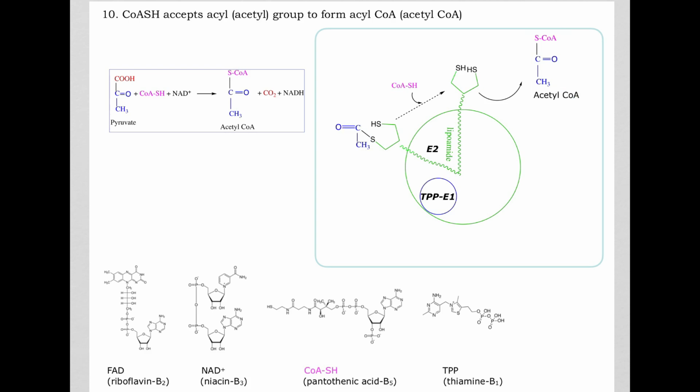So at this stage, the pyruvate has become decarboxylated to give you acetyl. The acetyl has combined with coenzyme A to give us acetyl-CoA. So we basically have these products here, acetyl-CoA and carbon dioxide.